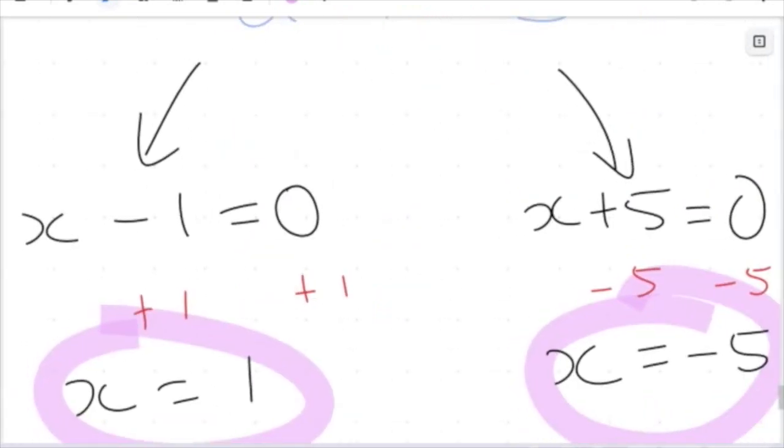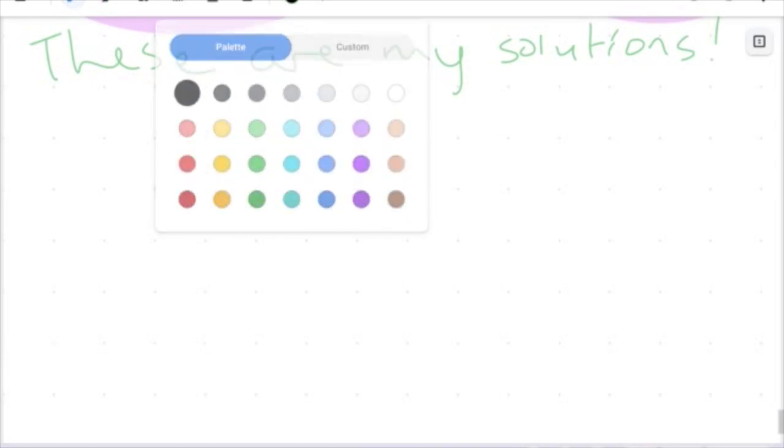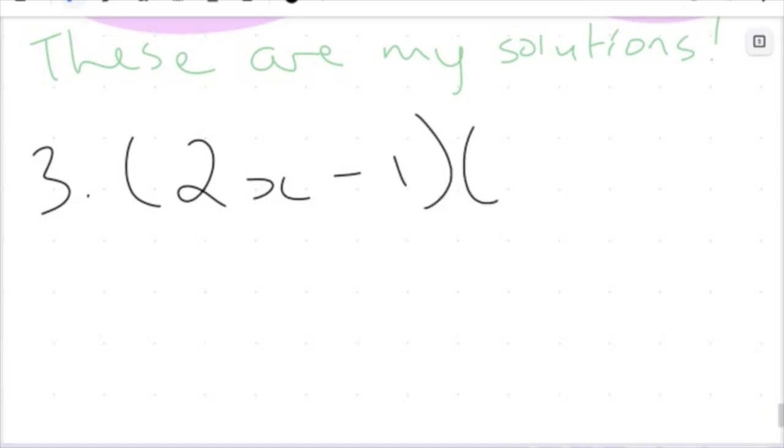Now, one more question to wrap up. This is a slightly harder one. By harder, I just mean we're going to do a couple more steps. But this thing here, (2x − 1)(5x + 3) = 0.